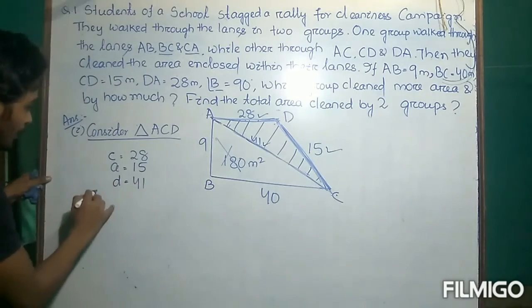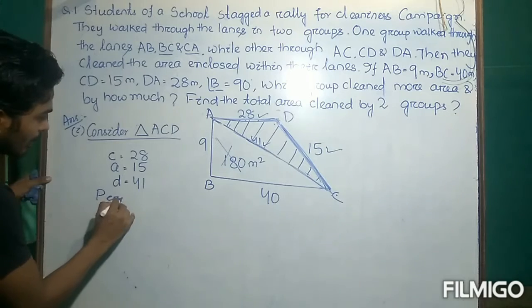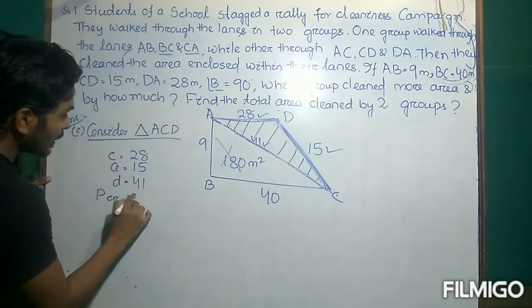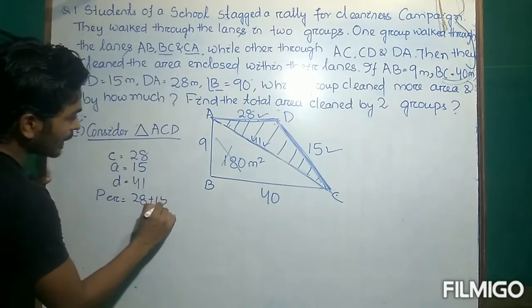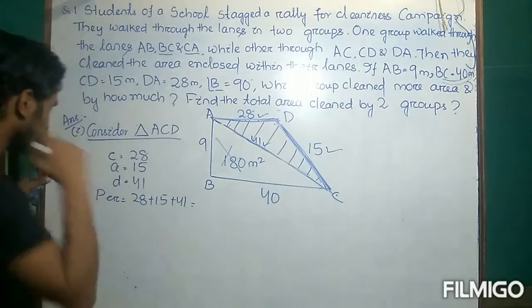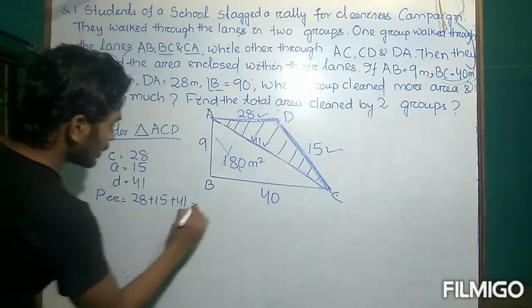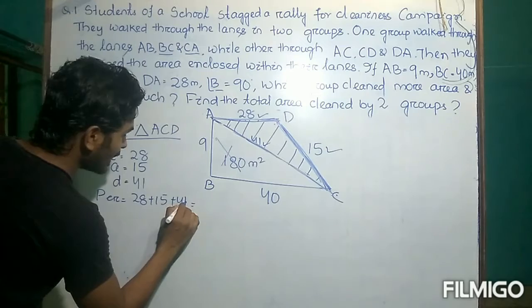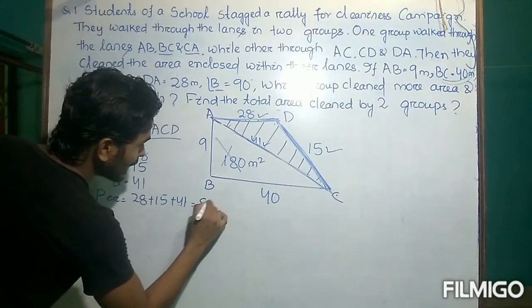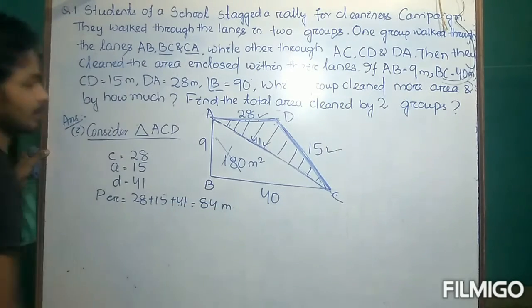Clear? Now find the perimeter. Perimeter is 28 plus 15 plus 41, that is 84 meters.